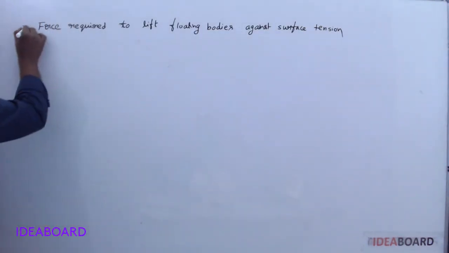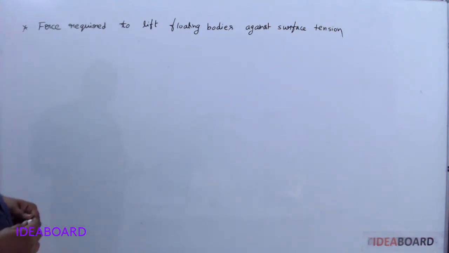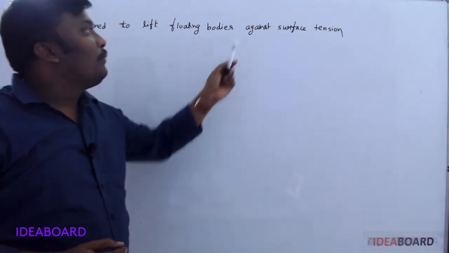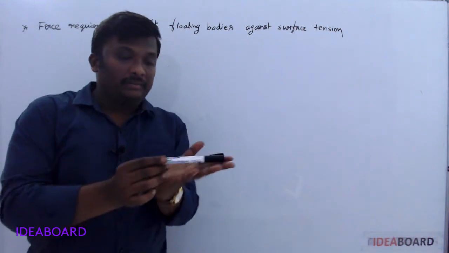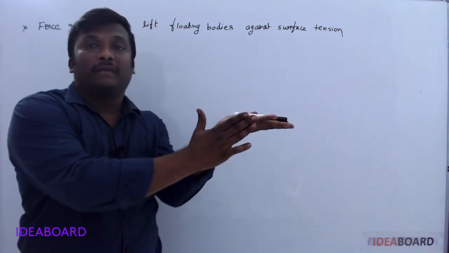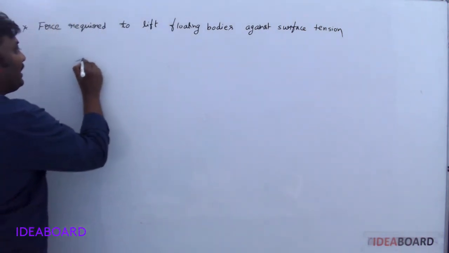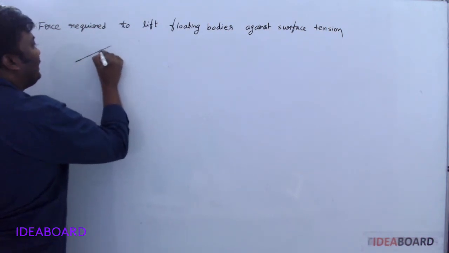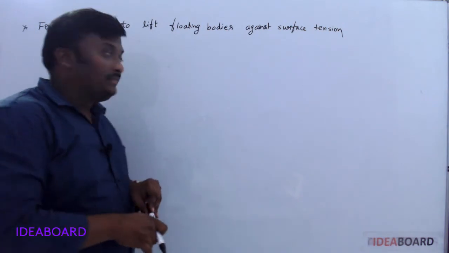In objective examinations, they generally ask about the force required to lift floating bodies against the surface tension. I previously mentioned surface tension acts only on the surface of the liquid. Now, suppose a needle or a thin wire is floating on the surface of the liquid.